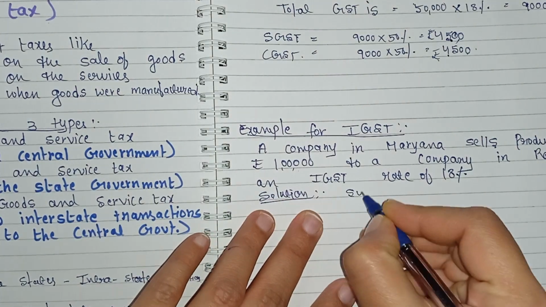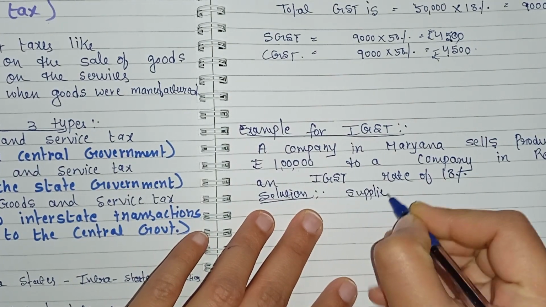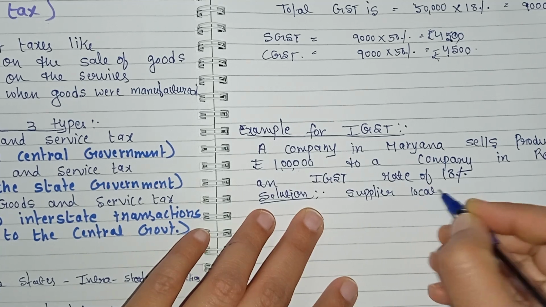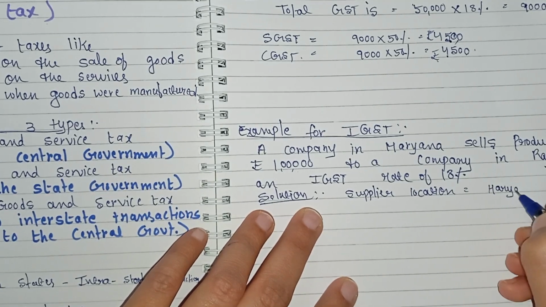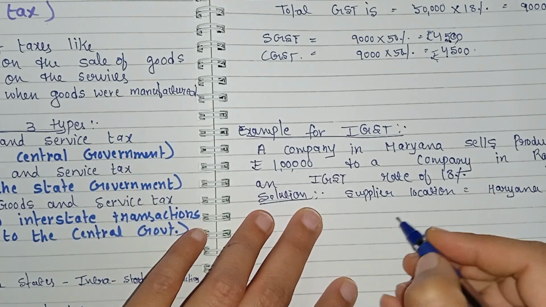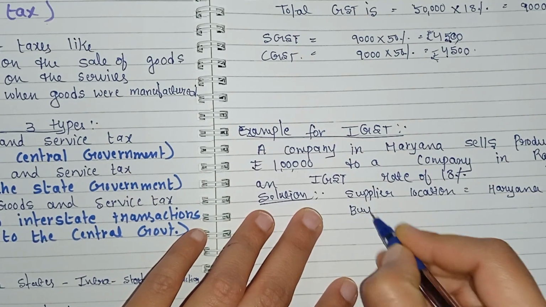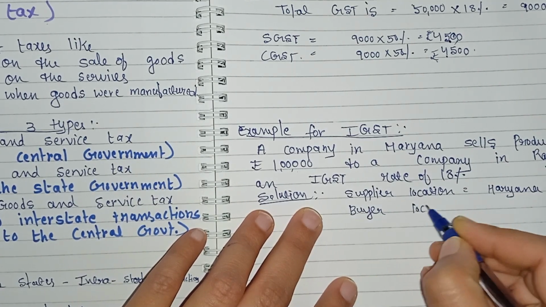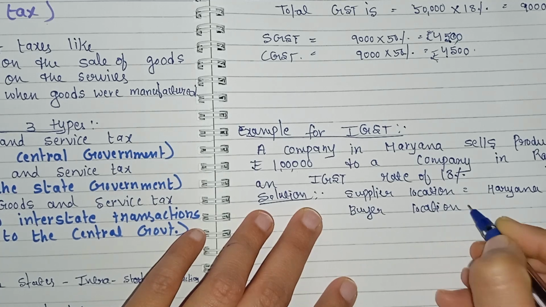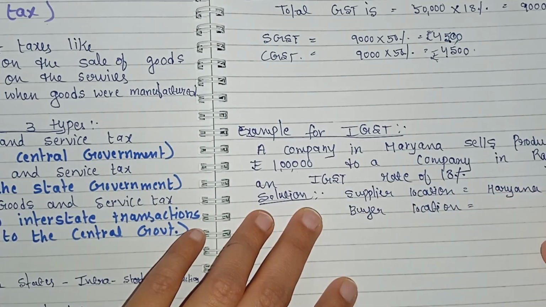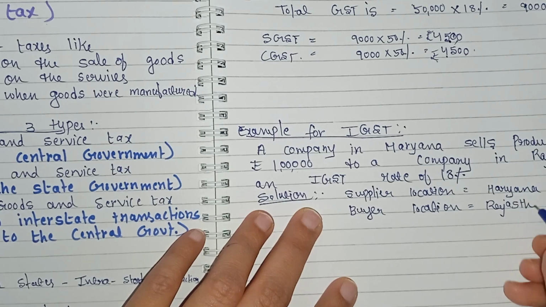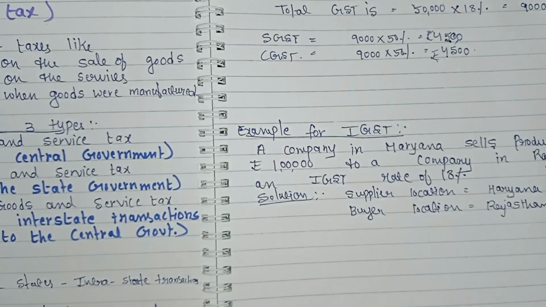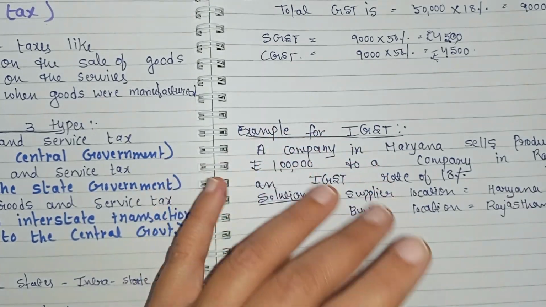Here, supplier location is Haryana. Okay, and buyer location, a company in Rajasthan. Rajasthan means two different states. This is called as interstate transactions.